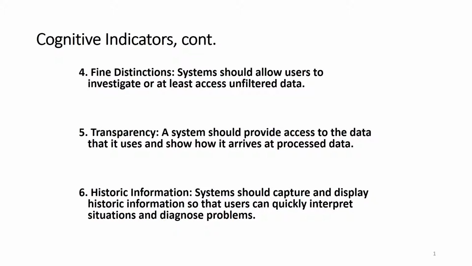Okay. The next heuristic, I should say, is transparency. And we've talked about this, I think, a little bit with trust and automation. Transparency is similar to find distinctions in the example I just provided. It's this idea of providing the operator with information for how it came to its processed data or its decision recommendation, right?